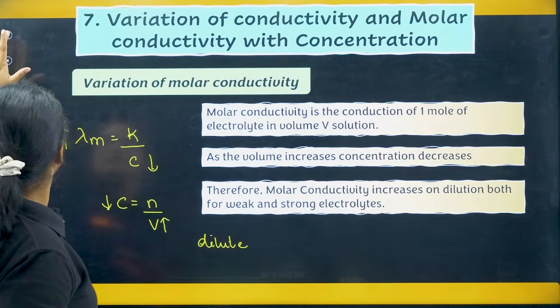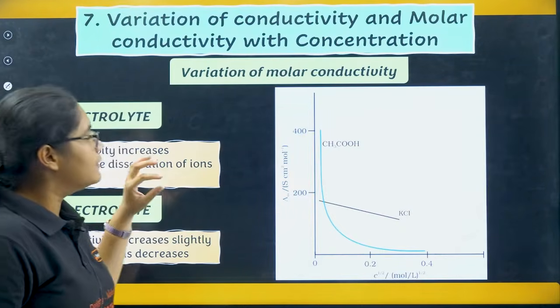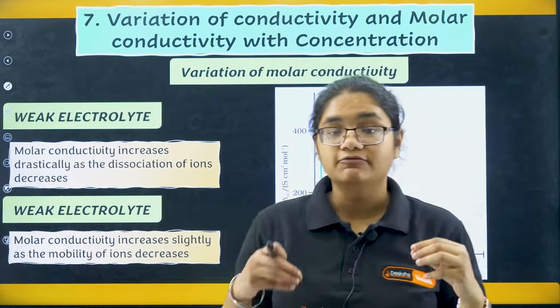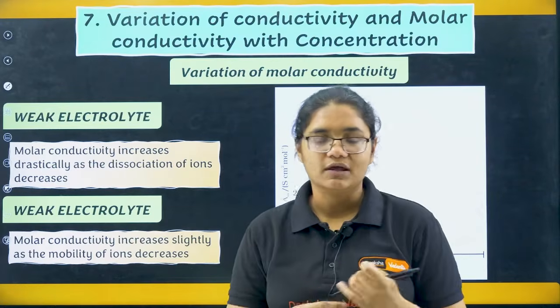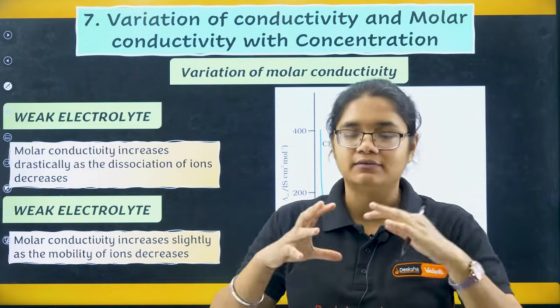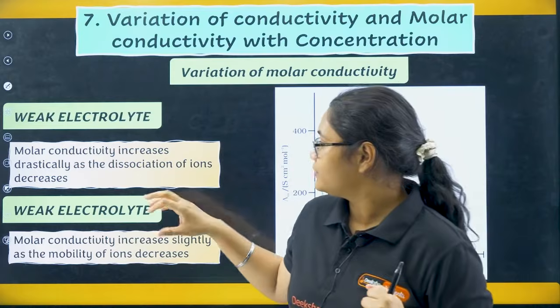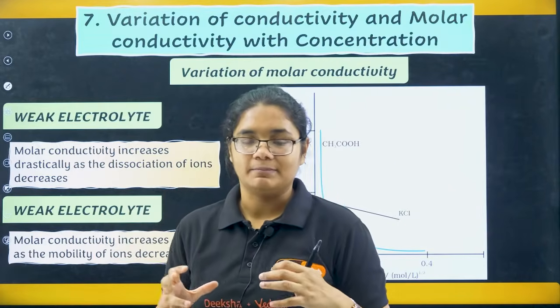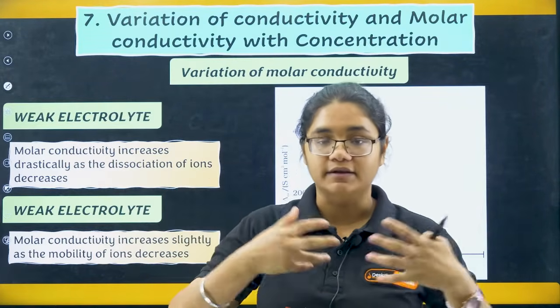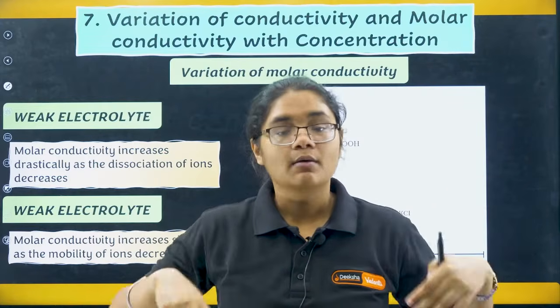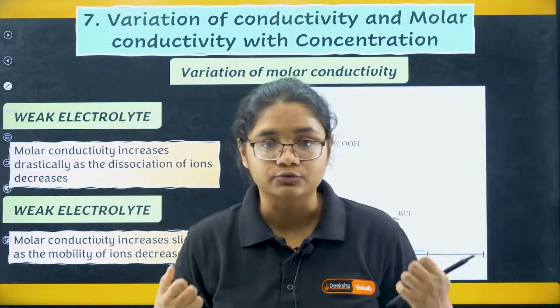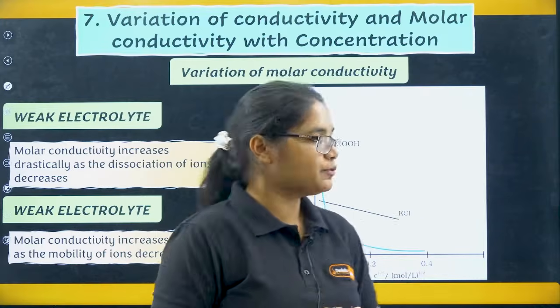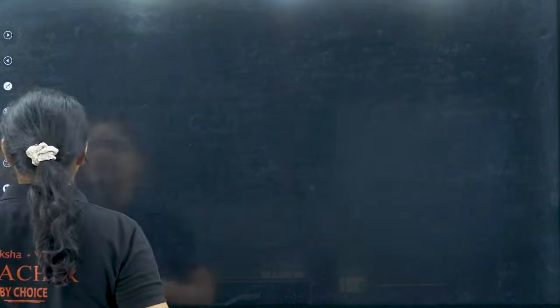Now we will see something special about the variation of molar conductivity for weak and strong electrolytes. What happens to the ions when we dilute it? If you remember, for a weak electrolyte, the dissociation increases when you dilute it. More ions are produced. Let me take one example.